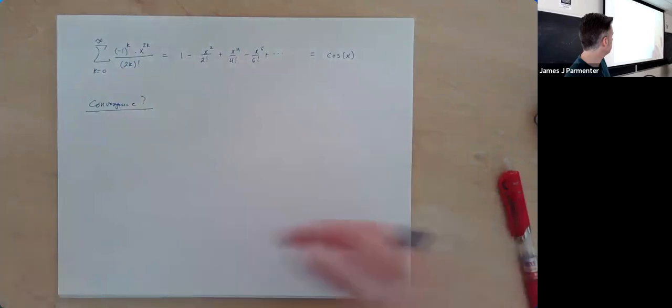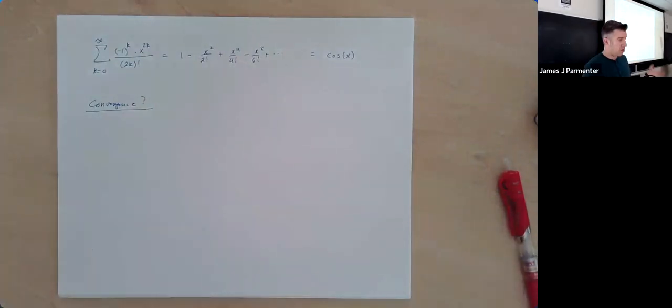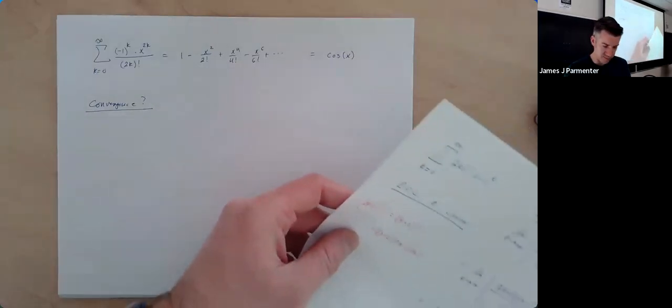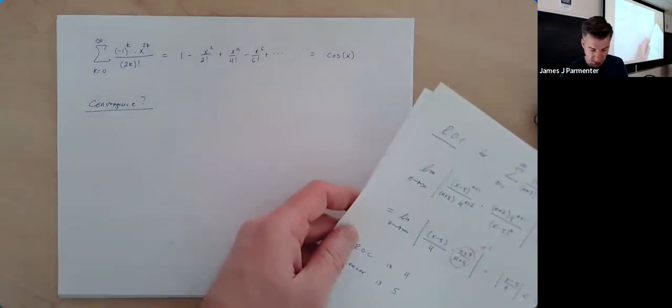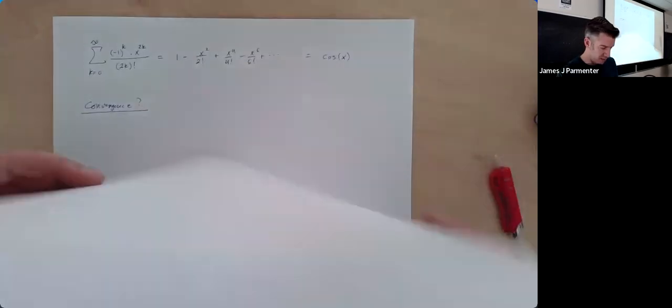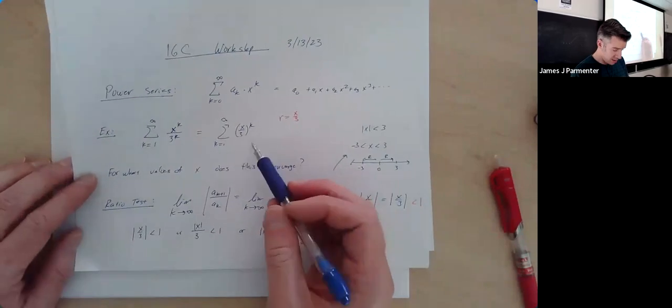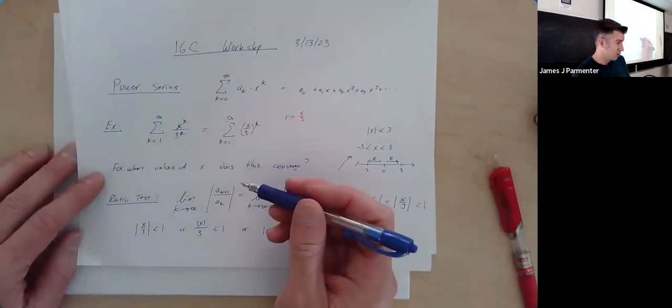So the problem is, some of these expressions we're writing are only true for some values of x, right? If we go back over here for a second, I didn't actually say this, but I should. If we look back at this first example, not only does this converge, we actually know what it converges to.